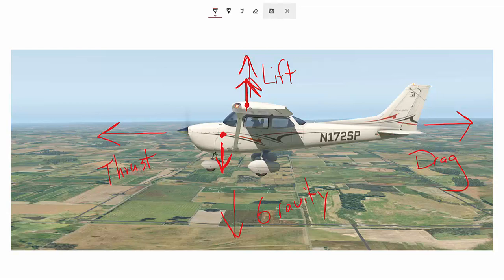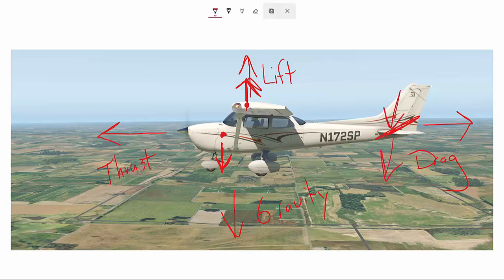And what that tendency does then is, because it's angled like this, as the wind passes over here and bounces off of it, that wind passing over there forces this tail down.